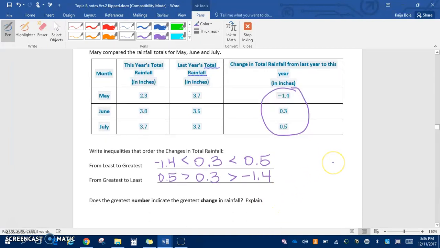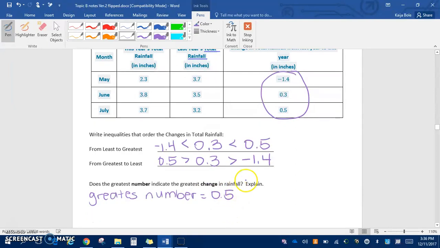Then it says, does the greatest number indicate the greatest change in rainfall? We know that the greatest number, based off of what we just did, is 0.5. But if we look at the greatest change, the greatest change would be 1.4.